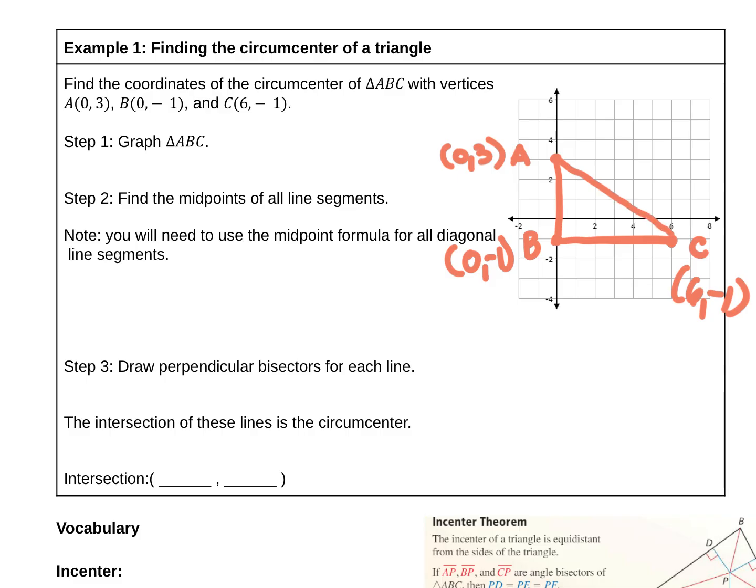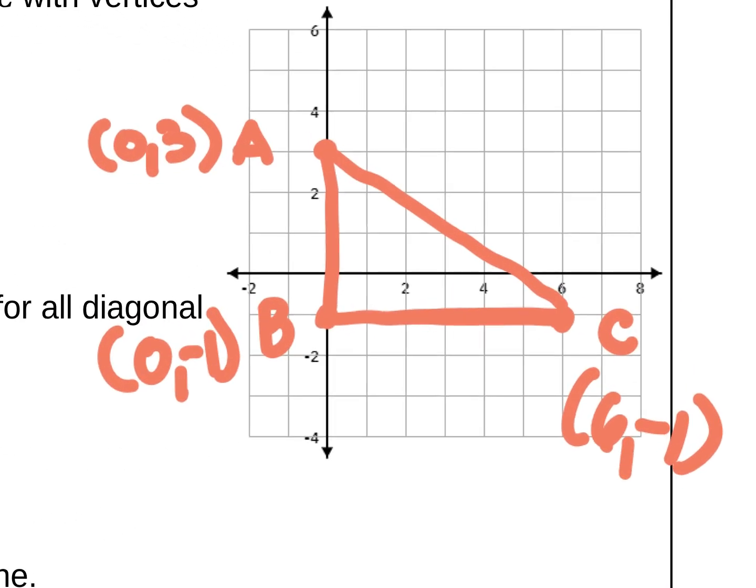Okay. So now we have to find the midpoints of all the line segments, okay? Sometimes we'll have to use the midpoint formula, but when it's just a vertical or a horizontal, you really don't need to, right? So if you look at AB, we could totally add the x's, divide by 2, add the y's, divide by 2, but we don't need to.